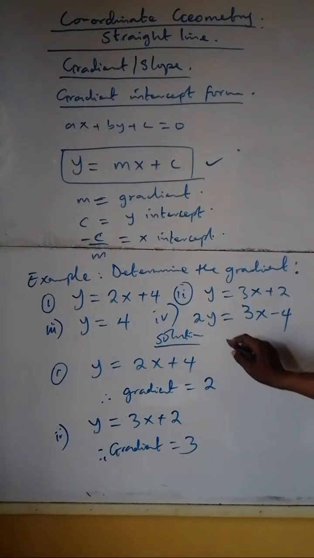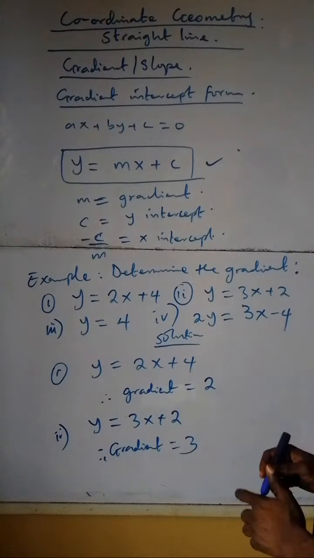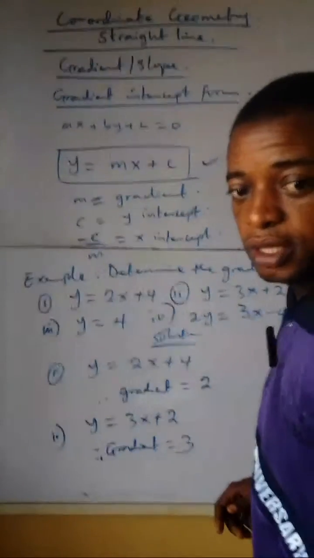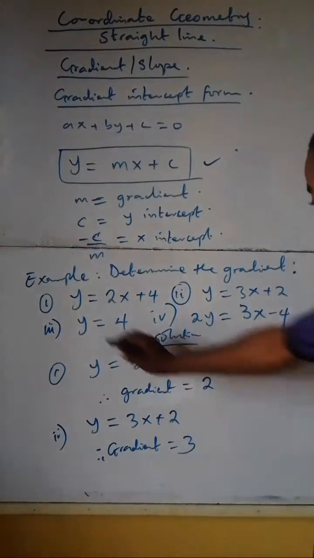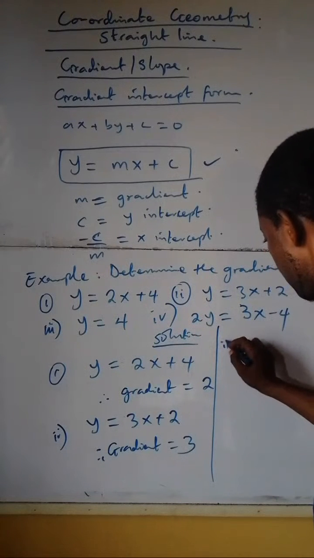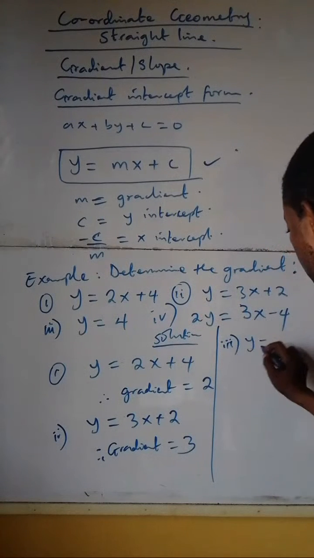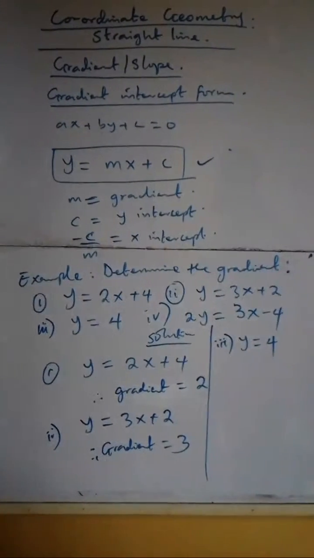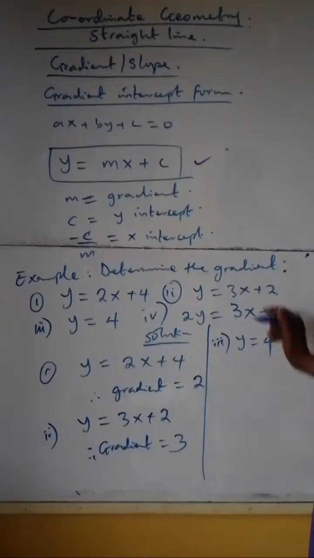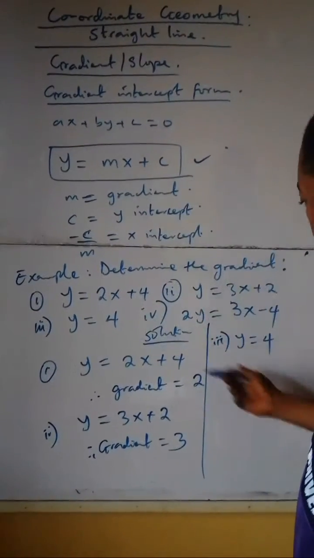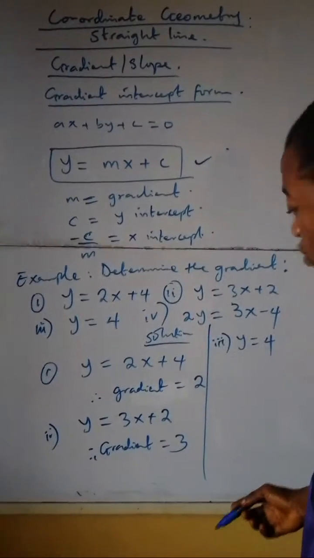And for the third one, we have y equals 4. When you compare y equals 4 with the general form, we discover that we don't have any variable x, so no coefficient of x.